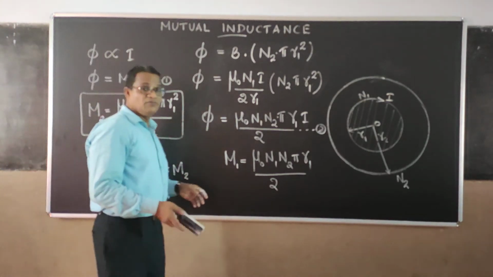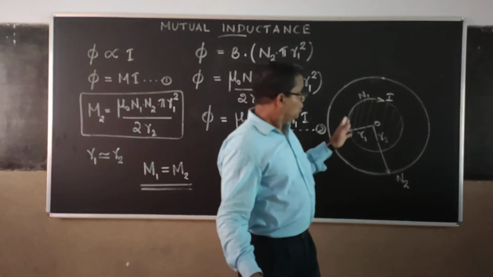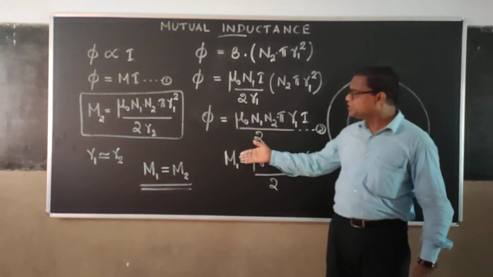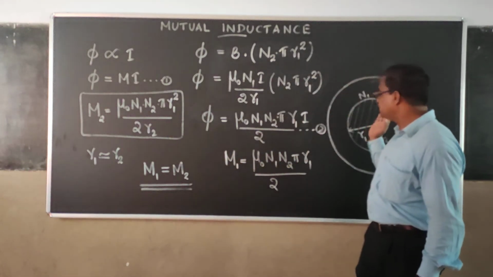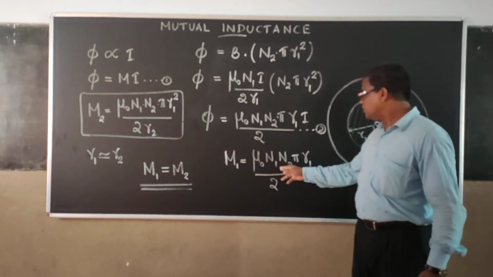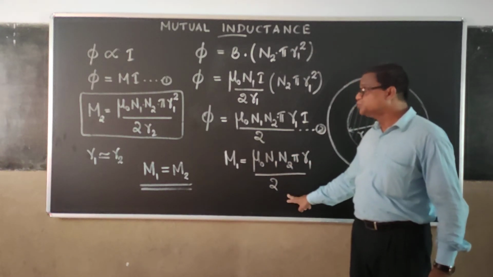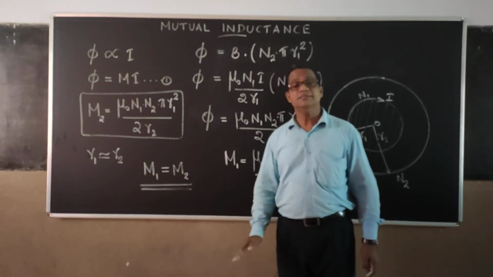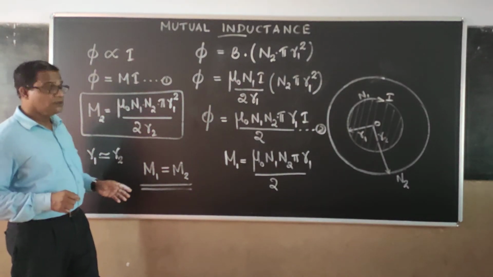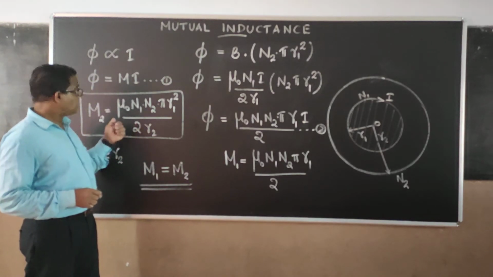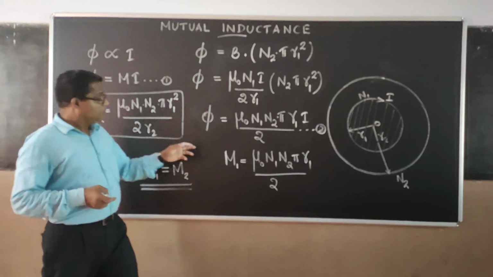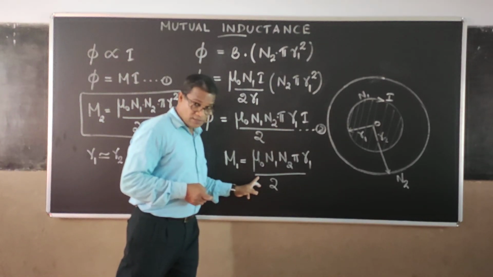So for closely wound plain loops, the mutual inductance of the pair of loops will be equal, meaning mu 0 N1 N2 pi R1 by 2, and there also you will get the same. So these are all the special cases. Remember, a difference is there for the outer coil carrying current, this is coming like this, and the inner coil is like this.